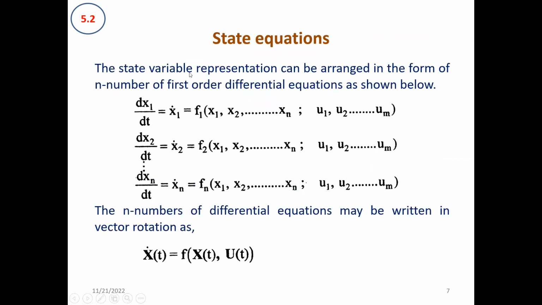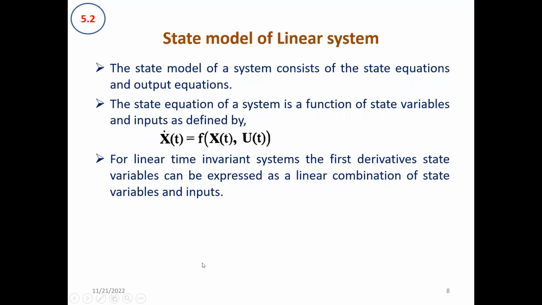So, state equations representation: dx1 of dt equal to x1 dot and dx2 of t equal to x2 dot, and up to n number of variables we can have the definition, x dot equal to f of x of t comma u of t.